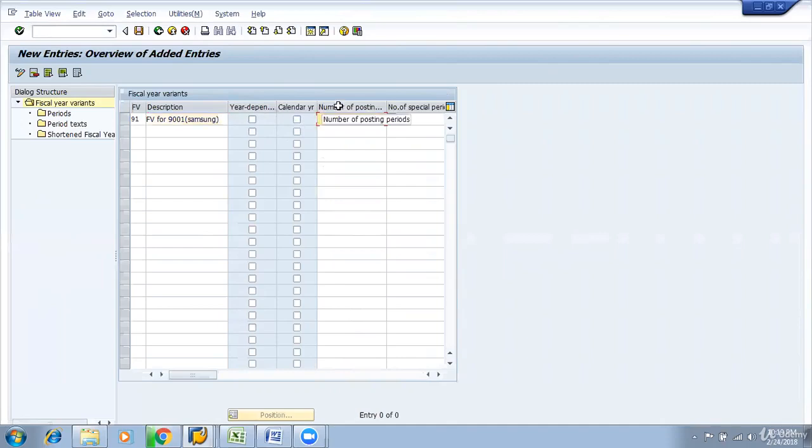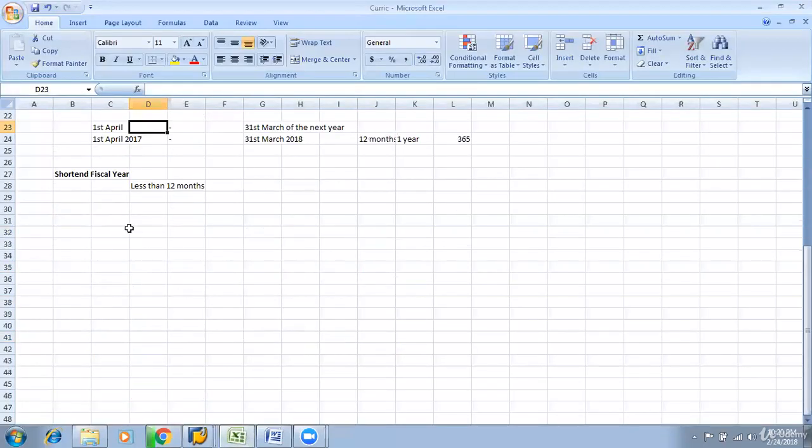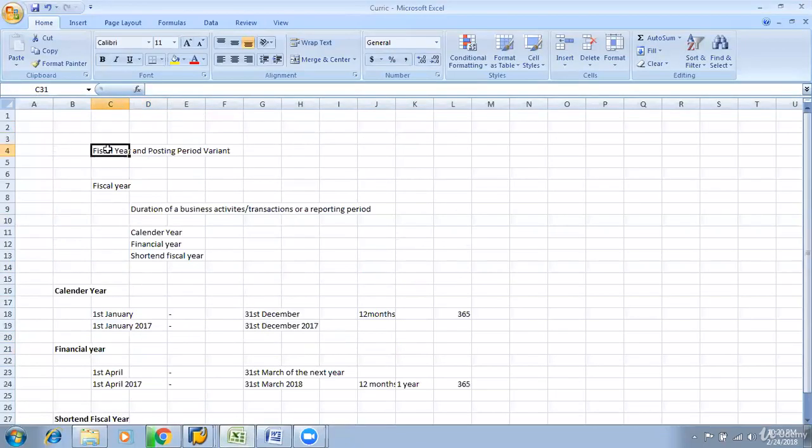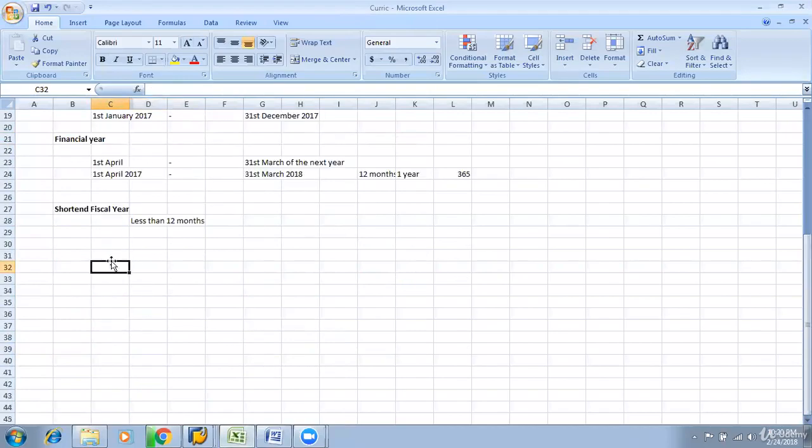Now, next, number of posting periods. What does this posting period mean? Does it ring any bells? I'll show you. As I told you, we'll be discussing fiscal year and then posting period. So I'm now coming to posting periods. Now, I can tell you with an example, just bear with me for a minute.